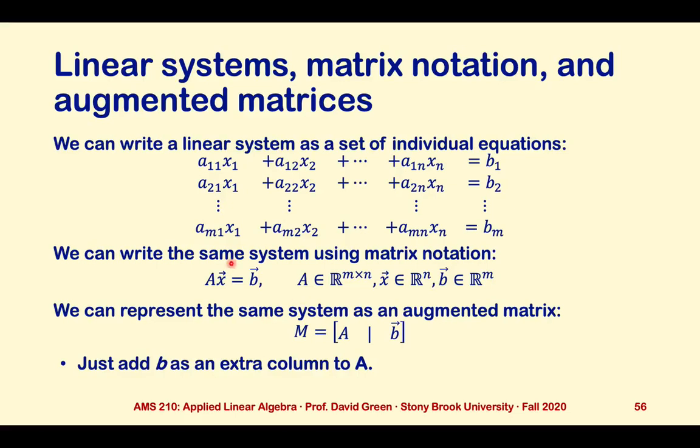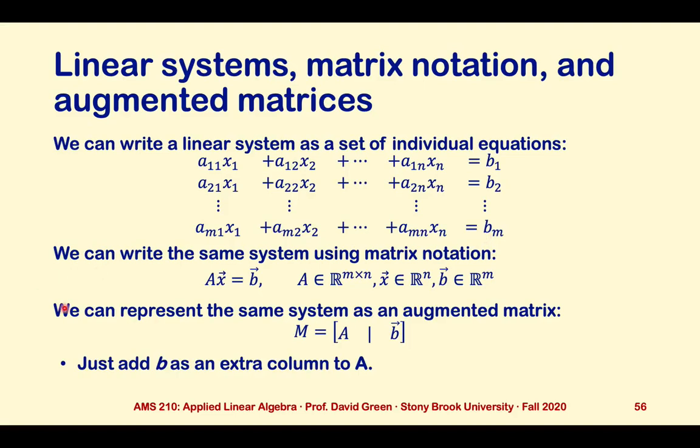We've also discussed how we can write this same system in a simplified matrix notation. This system can be written as AX equals B, where A is an m by n matrix that contains only the coefficients. X is a length n, or n-dimensional vector that contains only the variables, x1 through xn. And B is an m element vector that contains the right-hand sides.